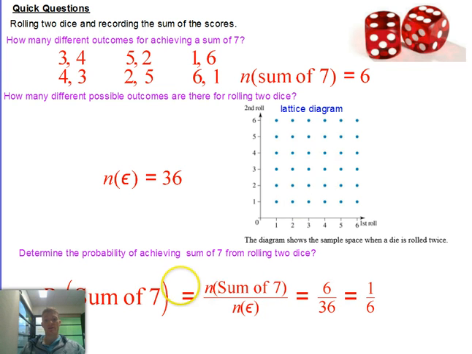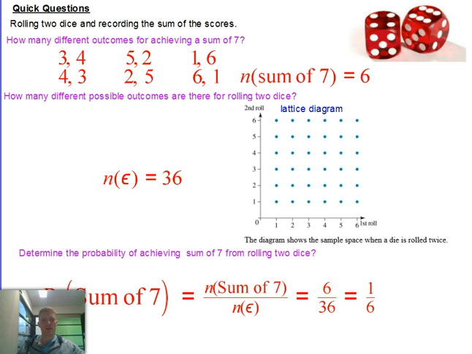So there we have it, the number of outcomes of the sum of 7 divided by the number of outcomes in the sample space, and it gives us this proportion. Always simplify your fractions. So 6 into 36 goes into themselves, and we see that we get 1 out of 6 as our probability. Not too bad, huh? So there's a nice simple probability problem there.